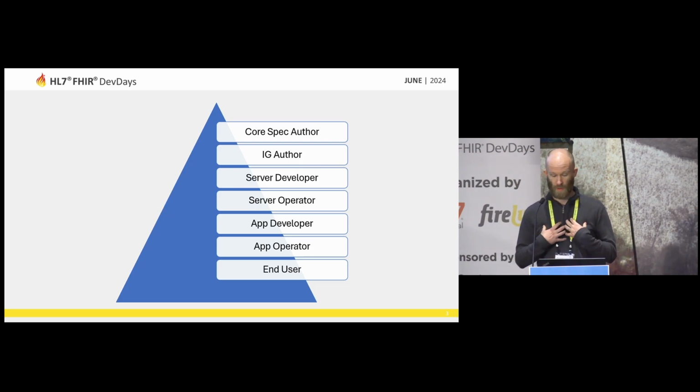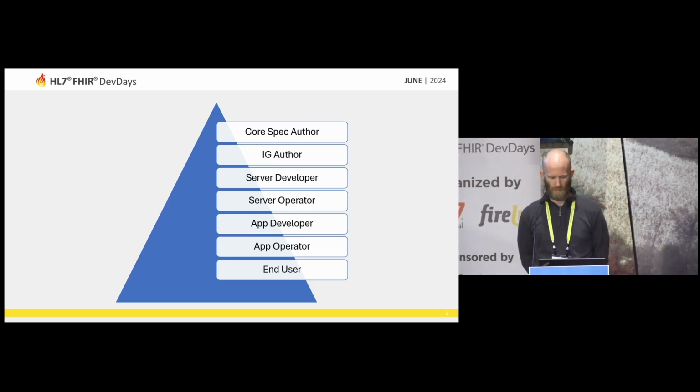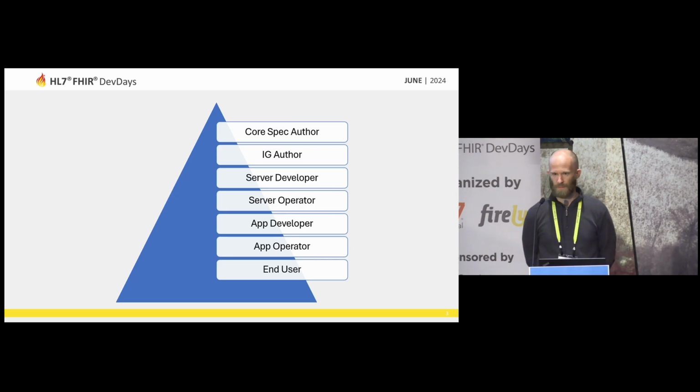Epic is a server developer, but we deliver our software to our health centers and they install that and run it, so they're the ones operating that server. And then similarly for app developers and app operators. I do acknowledge that for many systems, the operator and developer may be the same organization, but in some cases they're separate. And then at the bottom we have end users. That could be patients, nurses, call center staff, any end user that's using a system that gets data through FHIR.